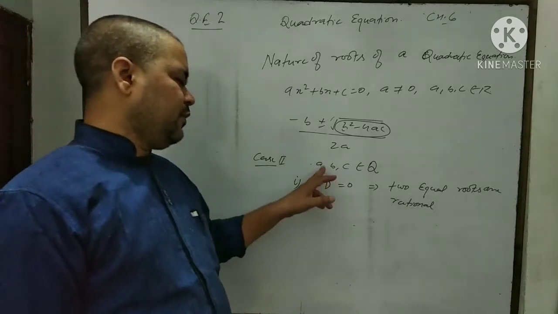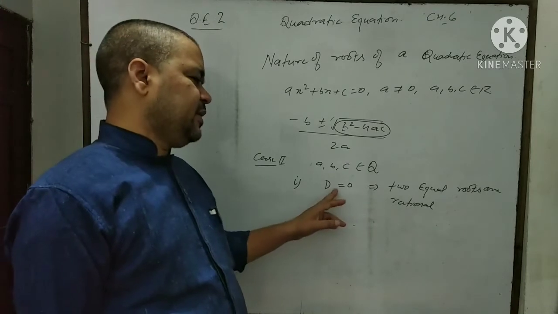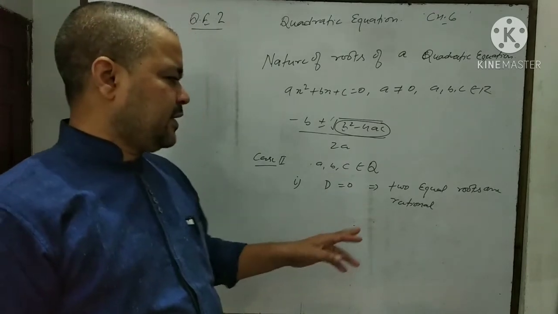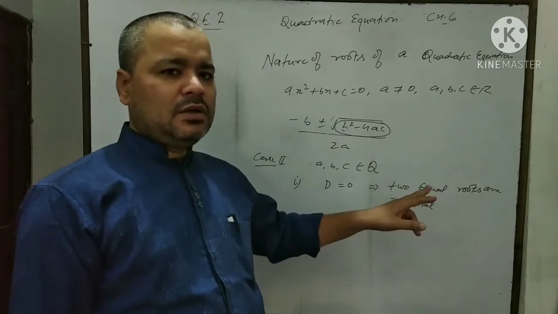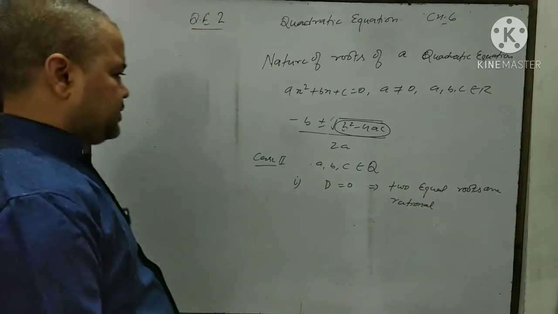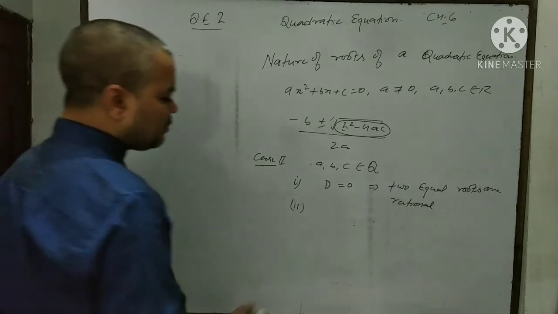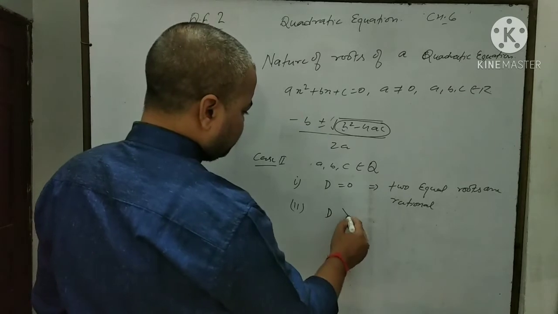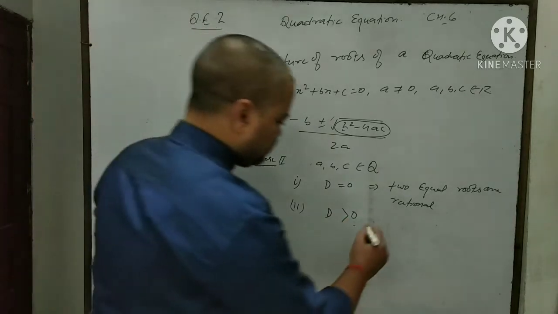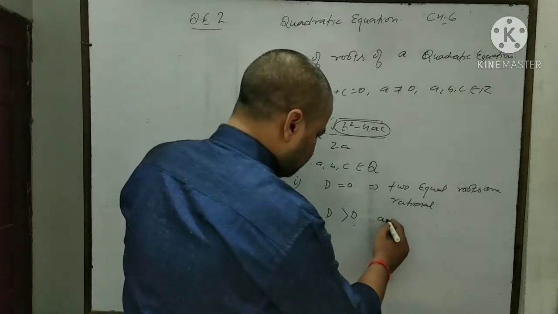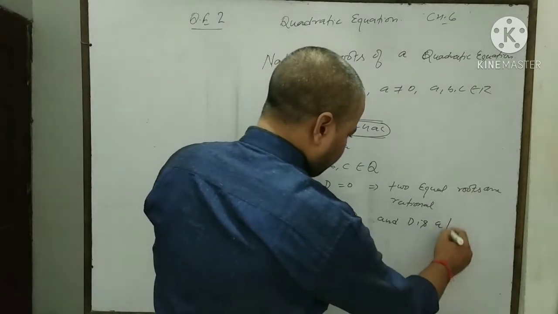It means when the values of a, b, c are rational numbers and after calculation we find that the discriminant is equal to 0, in that case the roots will be rational and equal. The second case: when the value of discriminant is greater than 0, and D is a perfect square.